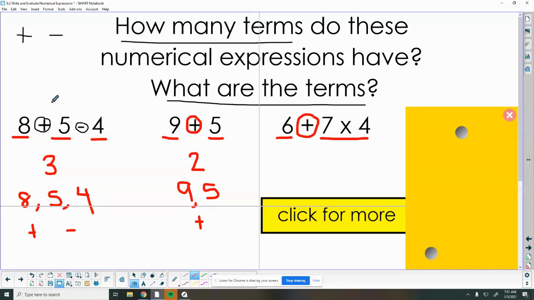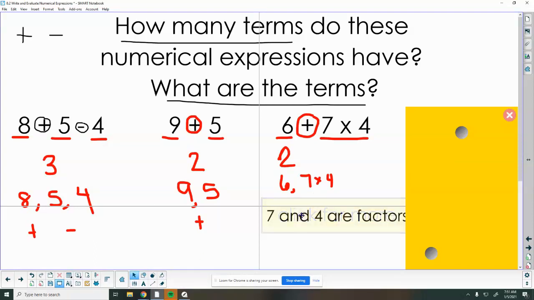When I have 2 add or subtract signs, then we had 3 terms. So we've always got 1 more term than we have add or subtract operations. So I have 2 terms. This first term is a 6, and the second term is 7 times 4. So these are not terms individually because they're not added or subtracted.